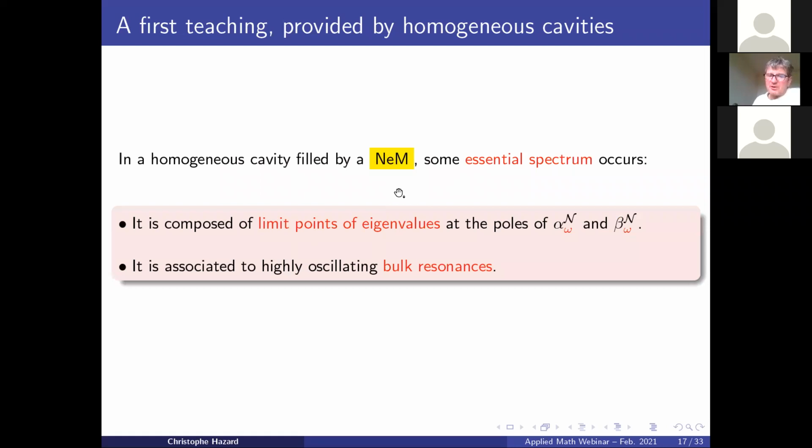So the message we can remember from these homogeneous cavities is that there is some essential spectrum in homogeneous cavities filled by a negative material. This essential spectrum is composed of limit points of eigenvalues at the poles of this function alpha or beta, and it is associated to highly oscillating bulk resonances.